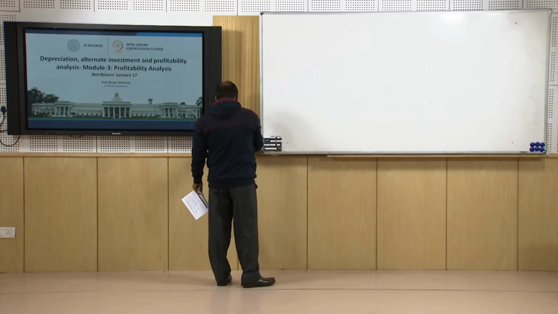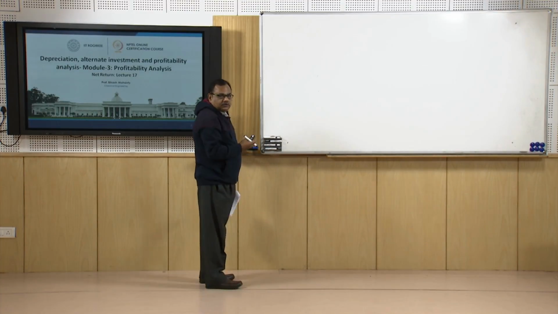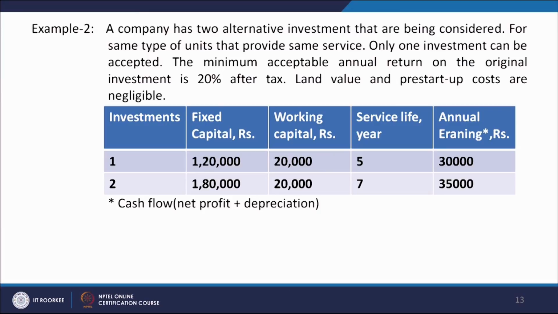Now, let us take another example, which is example 2. A company has two alternative investments that are being considered for the same type of units that provide the same service. Only one investment can be accepted. The minimum acceptable rate of return on the original investment is 20% after tax. Land value and pre-startup costs are negligible.